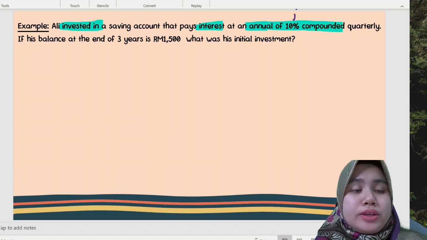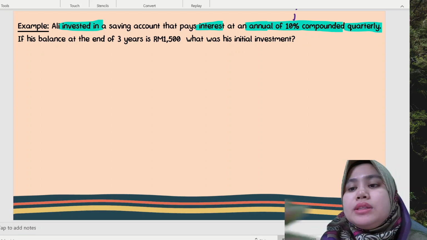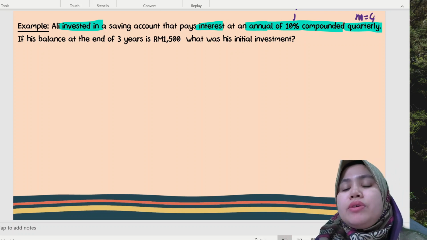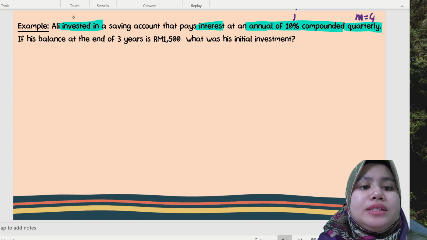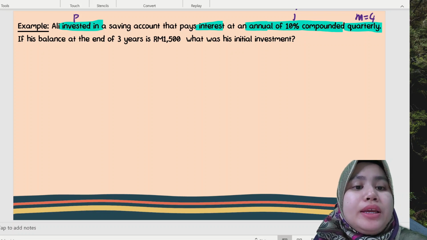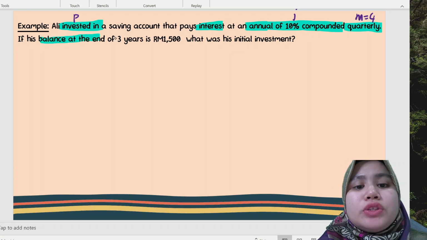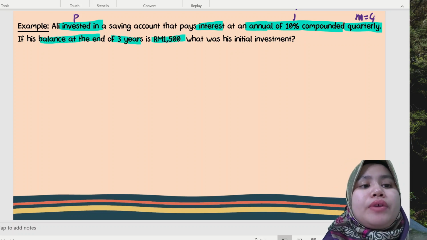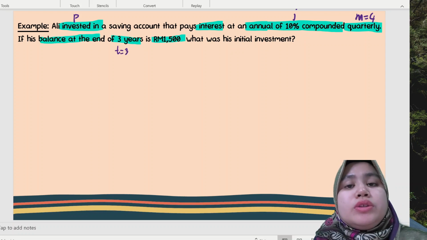You have your J. Quarterly, that means your M is 4. Invest is your P, but she didn't mention it. If his balance at the end of 3 years is 1,500, so you have two pieces of information here. Your T is equal to 3.